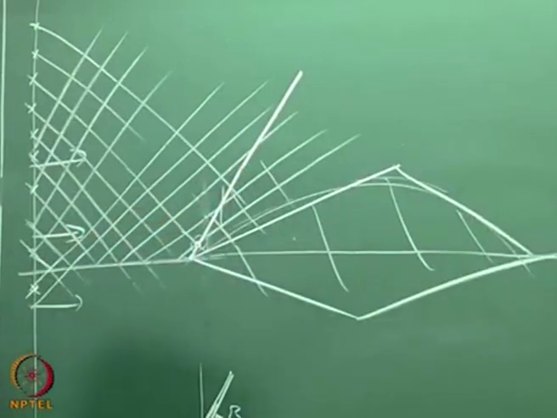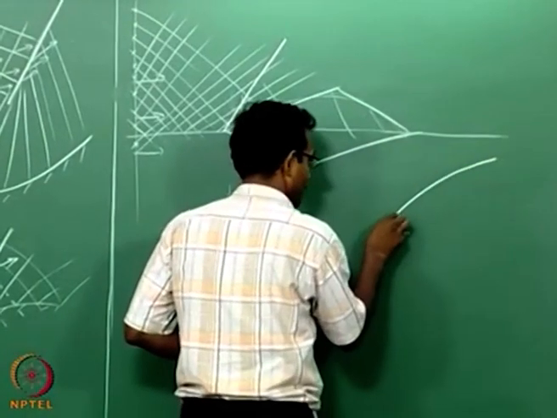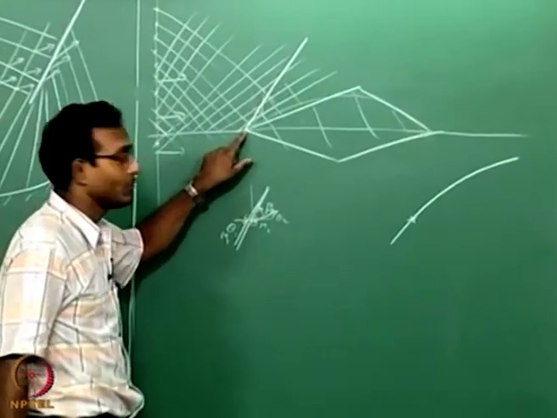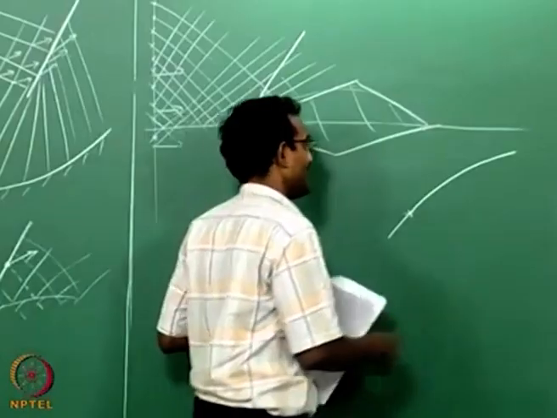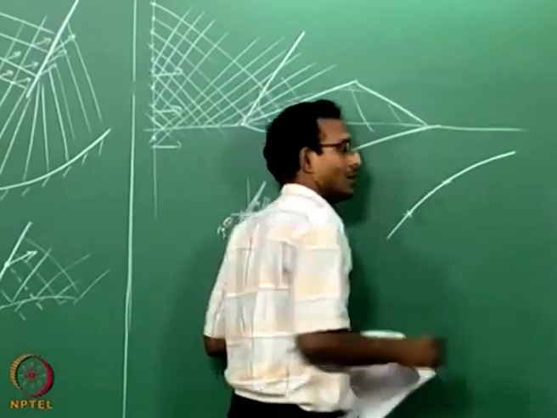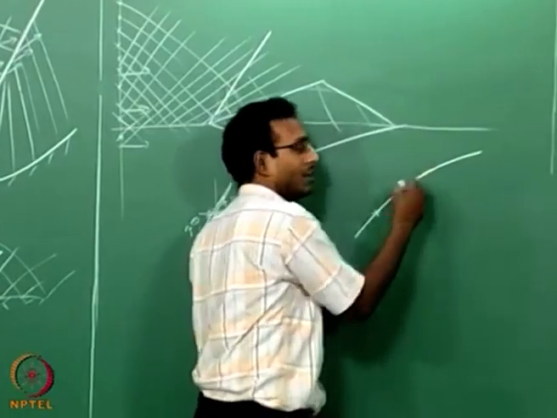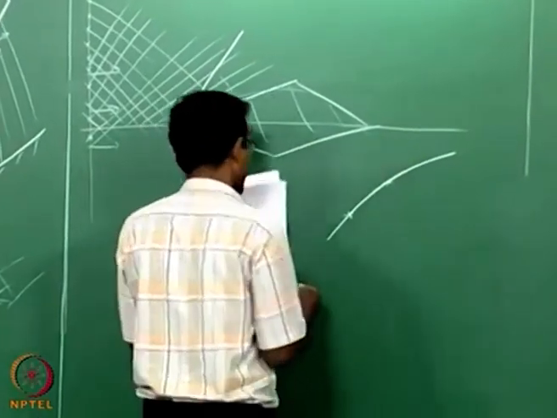How will I go through that? Say I am given some shock point I already know, it could be my very first point. I know some point already, I want to find the next shock point. That is, when I say I want to find the shock point, I want to find the location of the shock and the slope of the shock, which is my beta of the shock. Beta is the shock angle. I want to find those two.